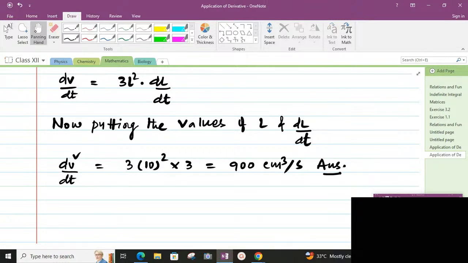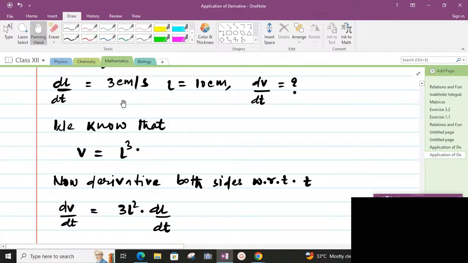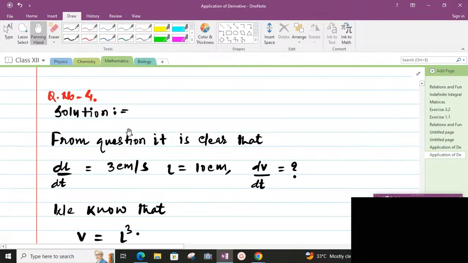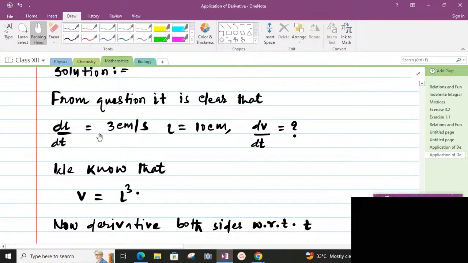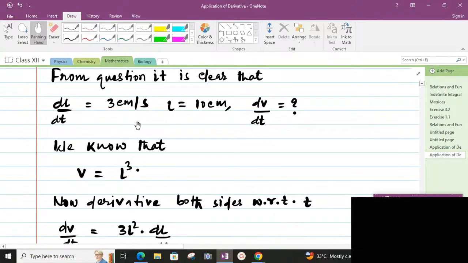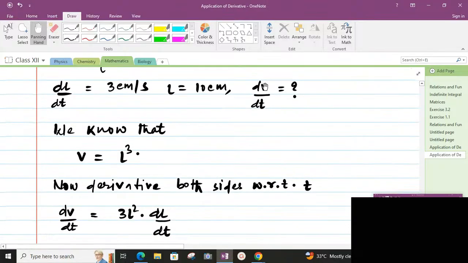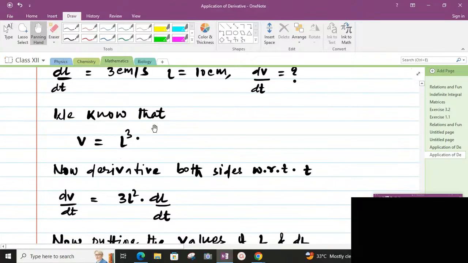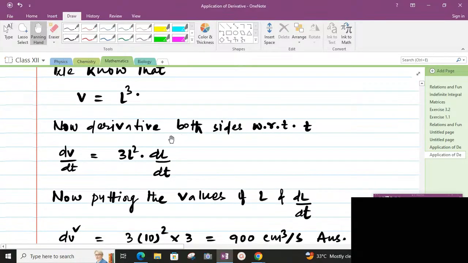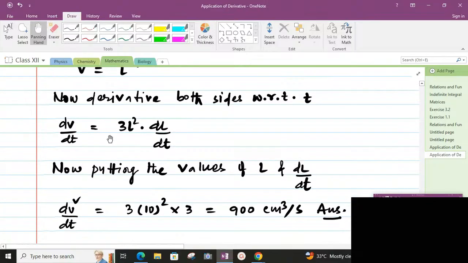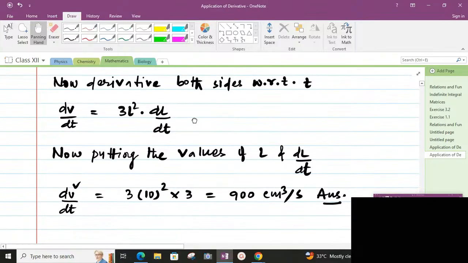Let's see once again. So this is the solution of question number 4. From the question, it is clear that dl by dt equal to 3 centimeter per second, l equal to 10 centimeter, dV by dt equal to what, and we know that V equal to l cube. Now differentiating both sides with respect to t, we get dV by dt equal to 3l square into dl by dt.